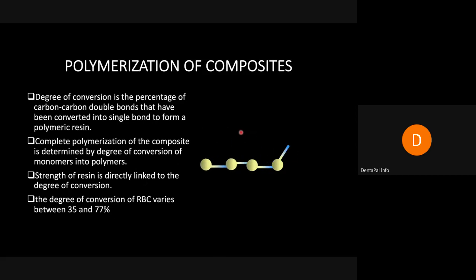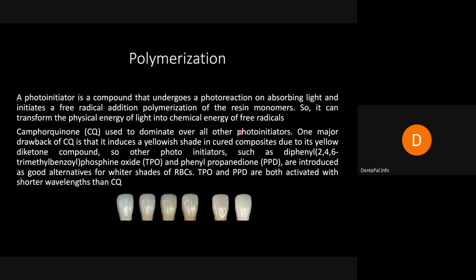So these monomers are called free monomers, and they will be released into the saliva after you place your composite within the first 24 hours. Unfortunately, these materials are carcinogenic, they are toxic, so a higher degree of conversion is going to be better for our health first and better for the properties of the composite restoration as well.